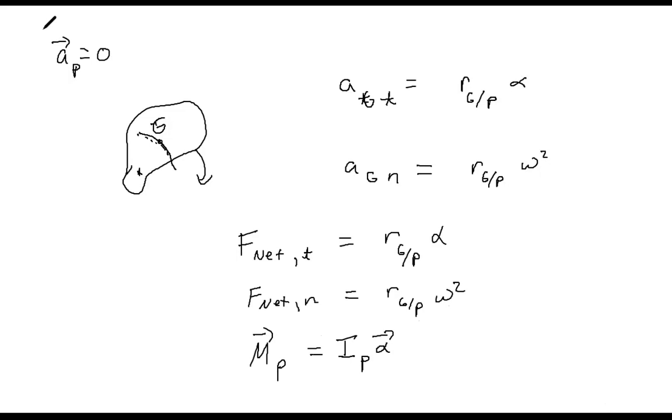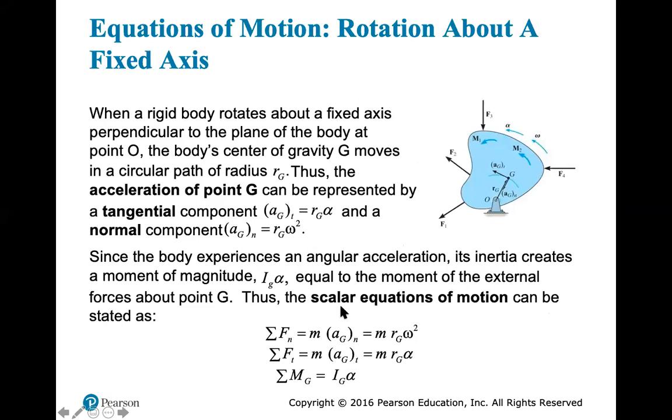Let's see how the book writes it. It's really the same equation. They're calling the point O, but here's a pinned point, and here's the center of mass. They identify a tangent and normal direction.